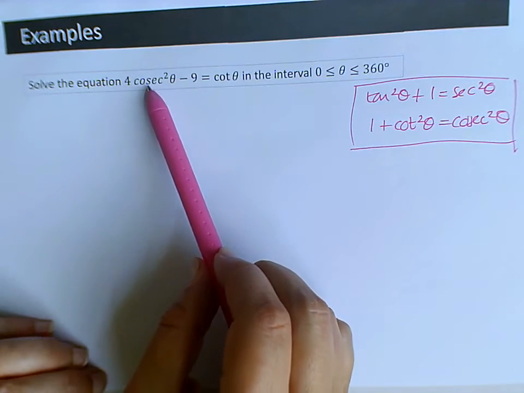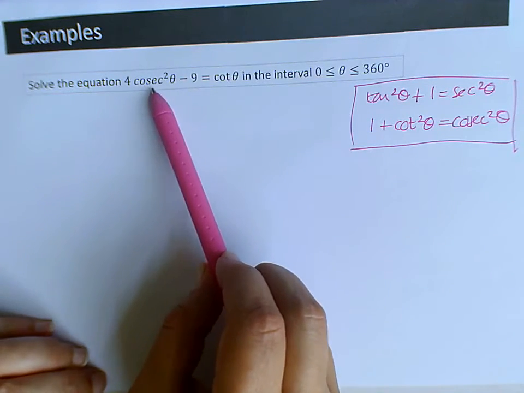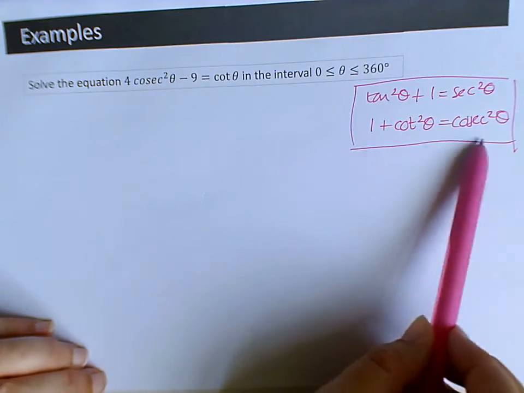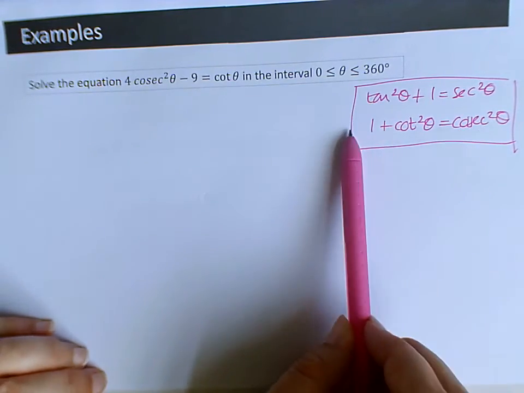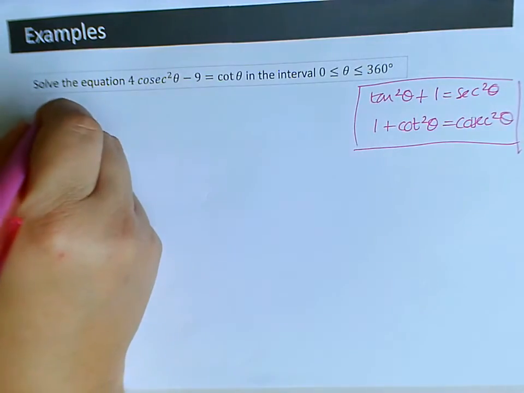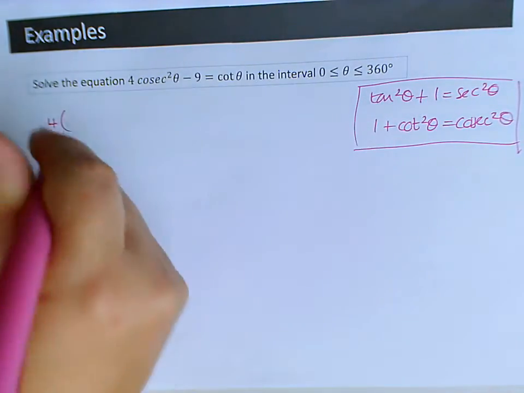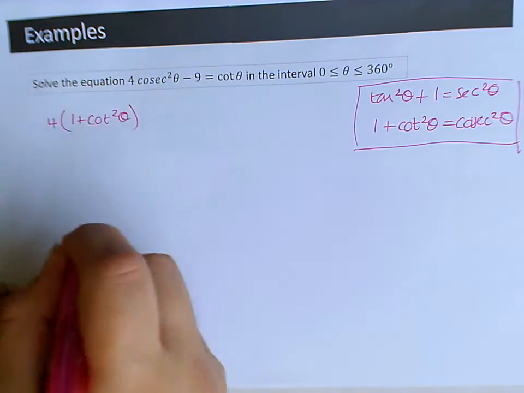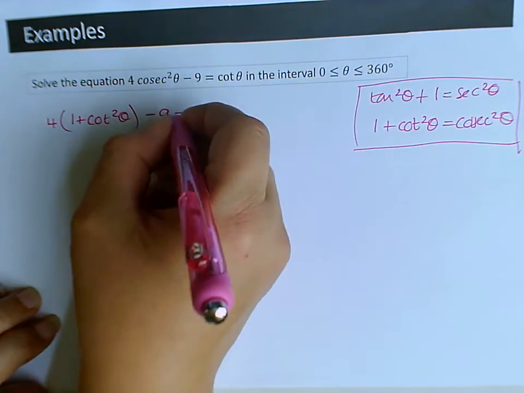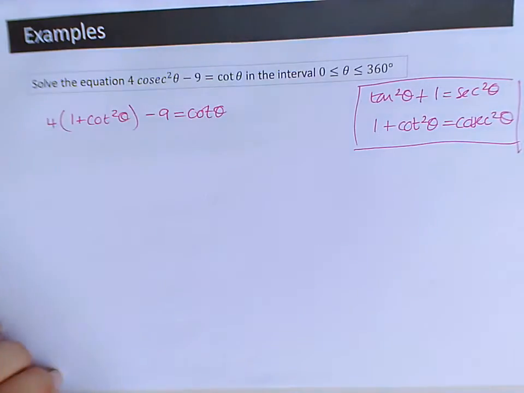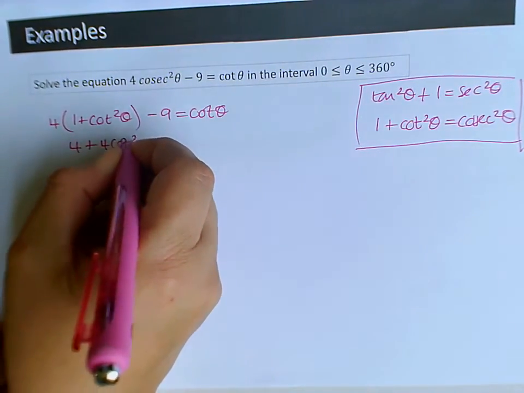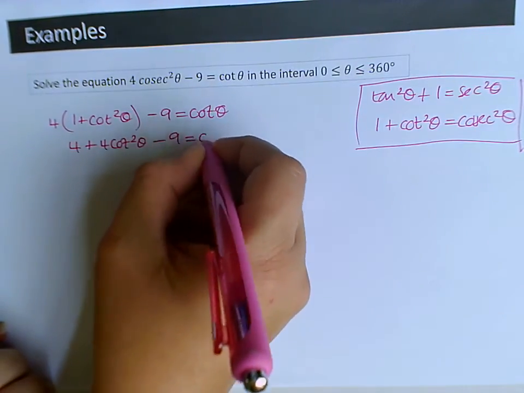It's easier for me to change this term. So this cosec squared theta, I can change to a cot, which does make my life a lot easier. So I can do 4 lots of 1 plus cot squared theta, subtract 9 equals cot theta. So 4 plus 4 cot squared theta, subtract 9 equals cot theta.